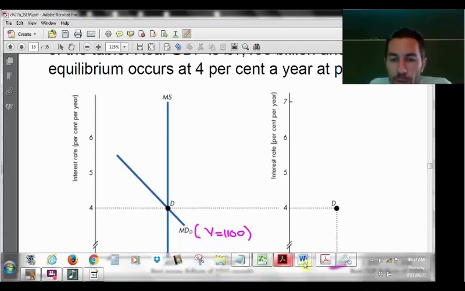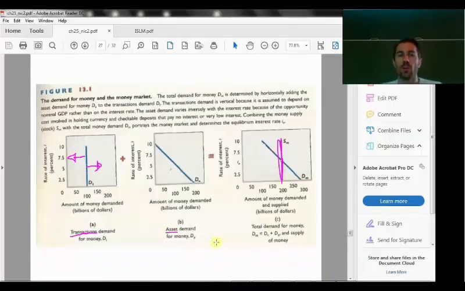Now if you remember from the diagram that I showed you in Chapter 25 from a slightly different textbook, here's our transactions demand for money, here's our asset demand. We add them together and we get the full demand, the money demand curve, right? This is our transactions demand.